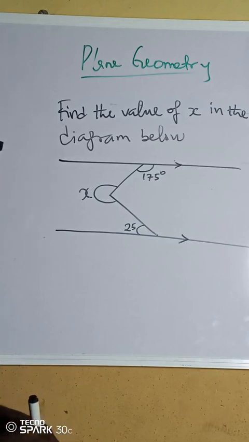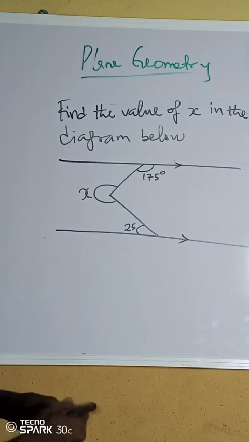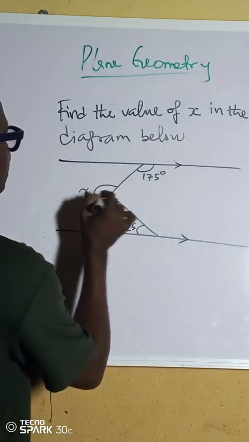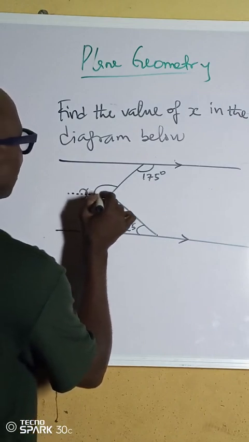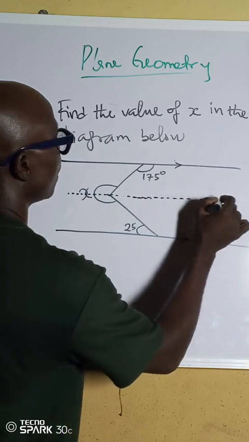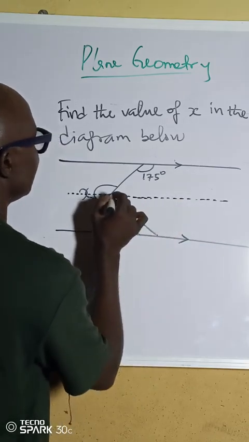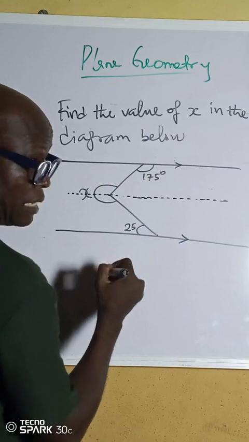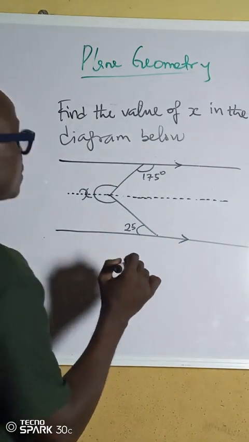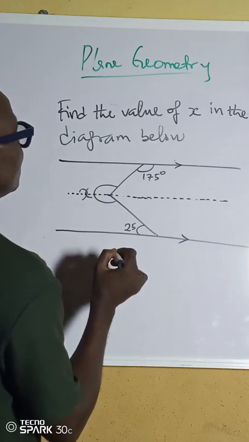To solve this question, what do we need to do? From this point, let's draw a parallel line that divides this up and down equally. So, if you do that, you look at it again.